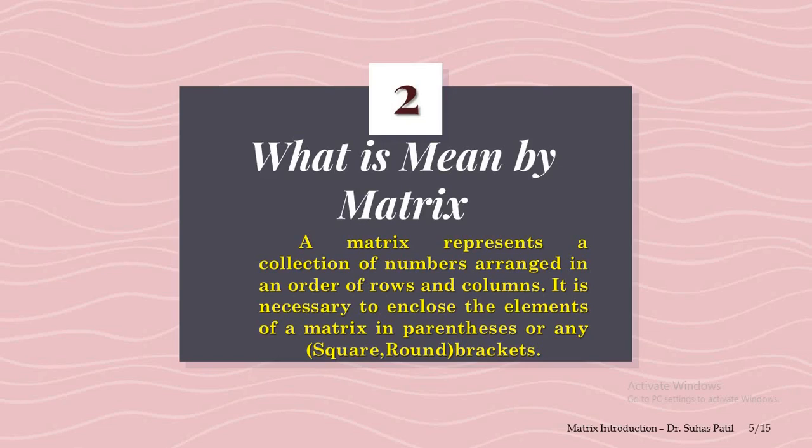It is necessary to enclose the elements of a matrix in a parenthesis or square bracket, round bracket, etc. In simple words, a matrix is nothing but a representation of numbers in the form of rows and columns, which are enclosed between brackets.